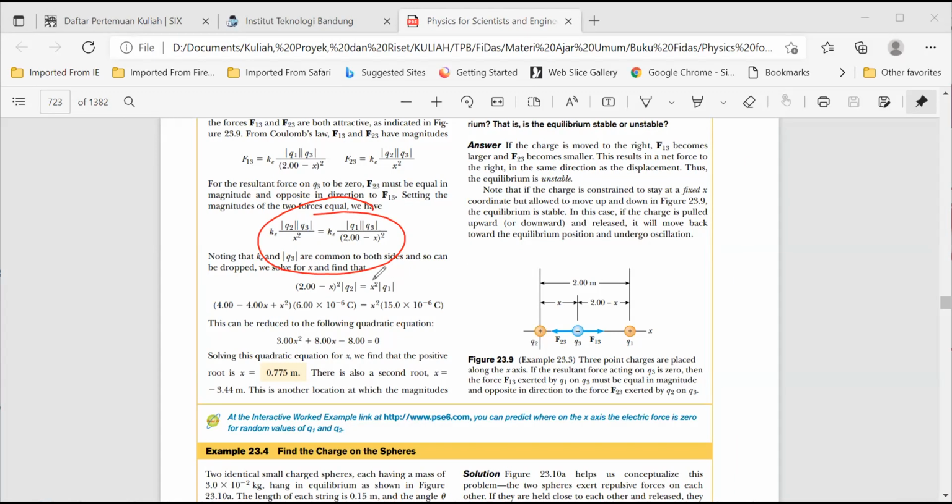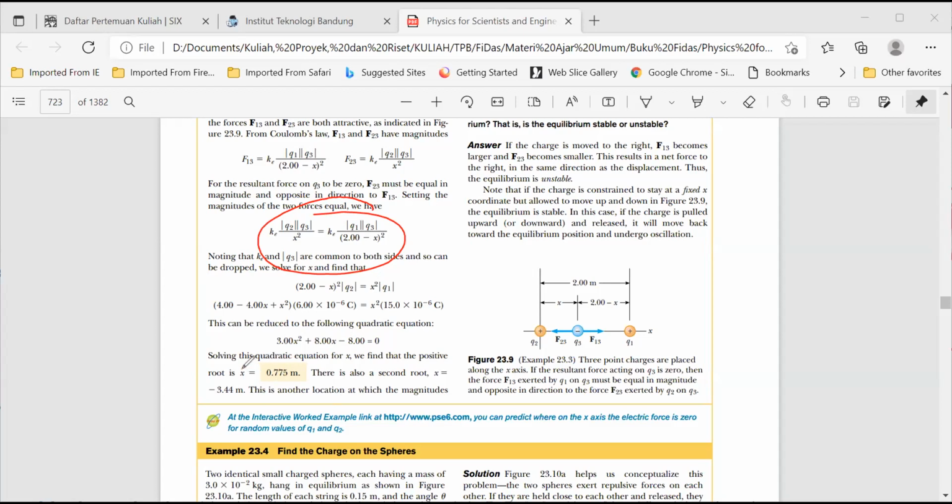From this one, you could solve the quadratic equation, and we find that it has 2 roots.